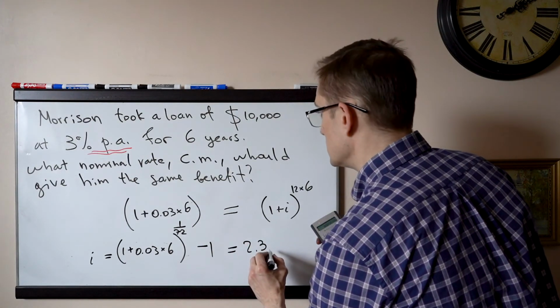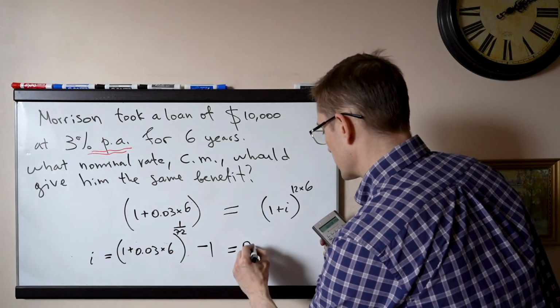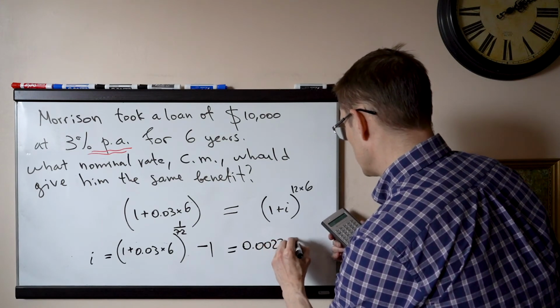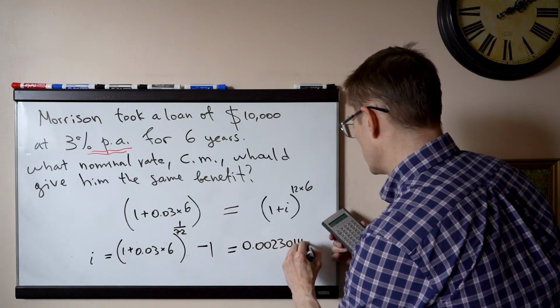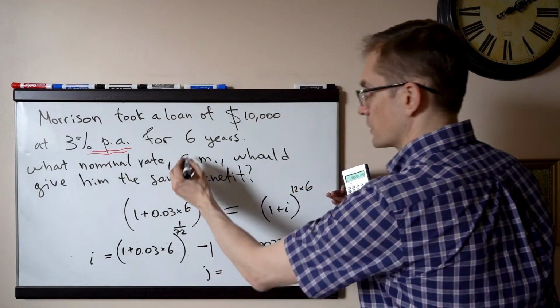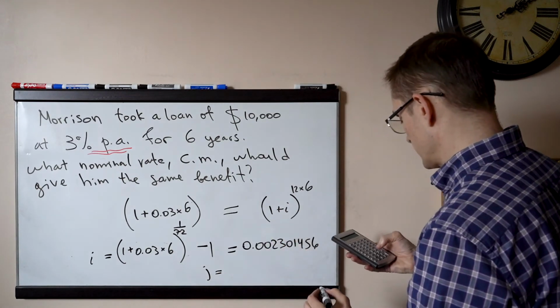So you have now 0.0023. Okay, let me write it unrounded like this: 0.002230145, right? So J, which is the compounded monthly nominal rate, is going to be this number times 12.